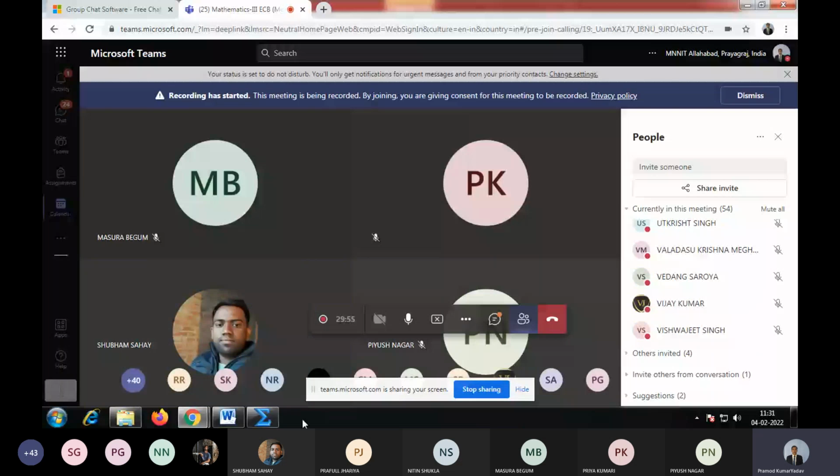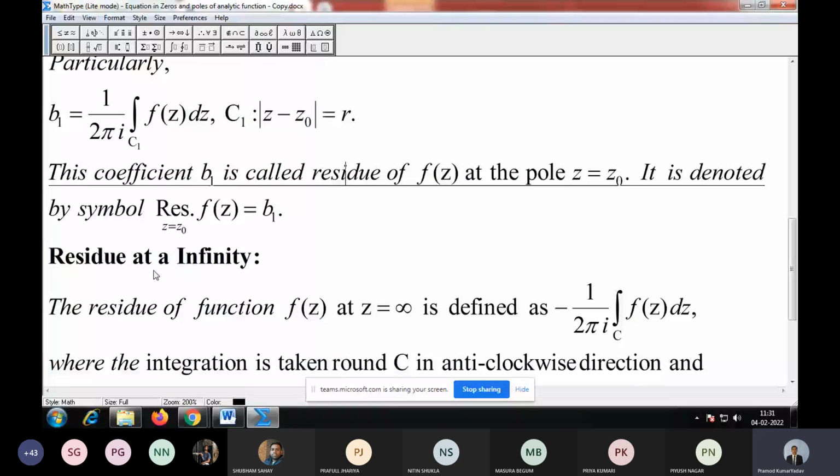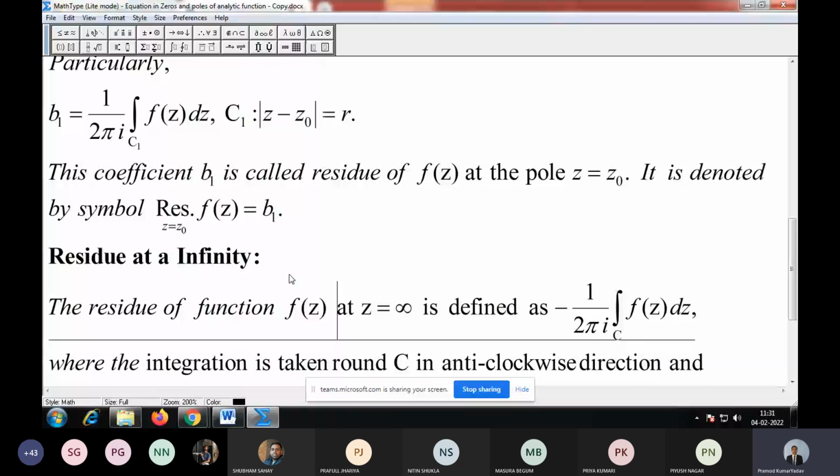Now, residue at infinity. Now we will study residue at different points. Here it is residue at a pole. But we will discuss this separately: residue at a simple pole, residue at a pole of order m, residue of another function. So slowly we will move. Now the next point is residue at infinity.